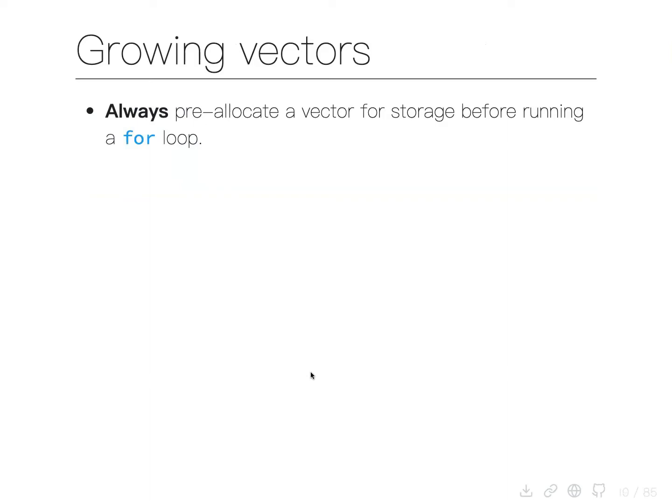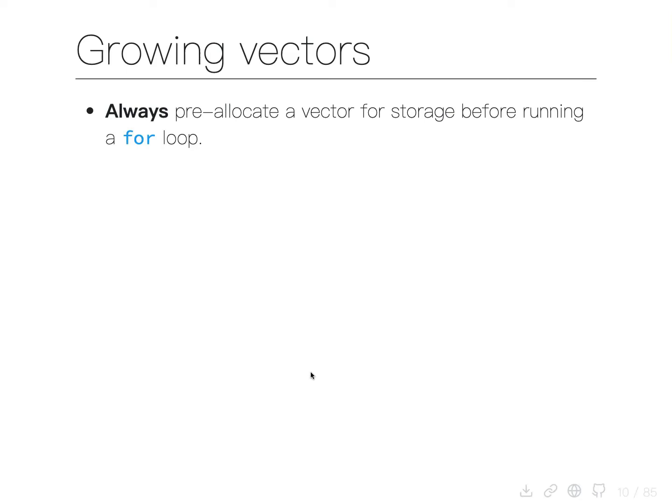In the previous example, I pre-allocated that vector. So I created an empty vector that just had spots where I was going to fill in the results as it went along. The reason I did that is because I wanted to avoid what's called growing vectors.